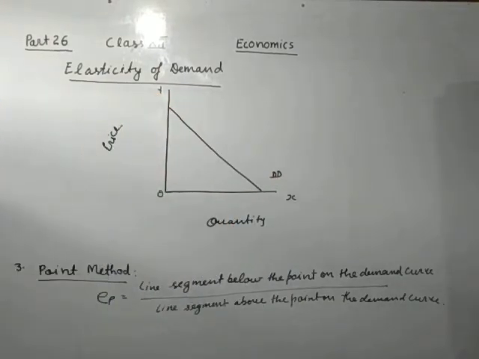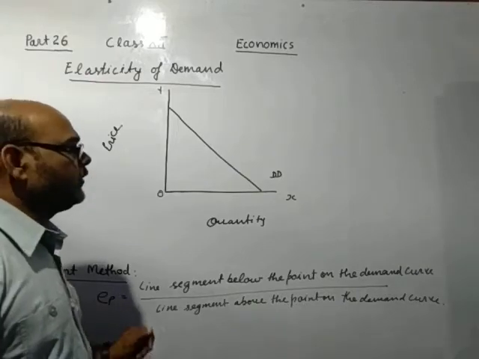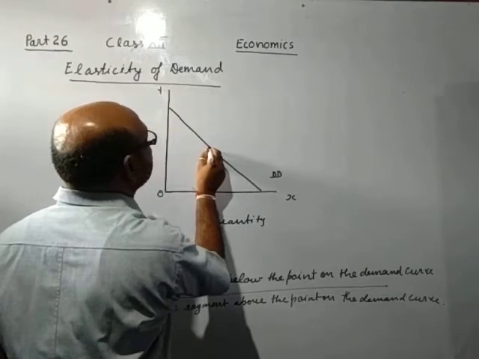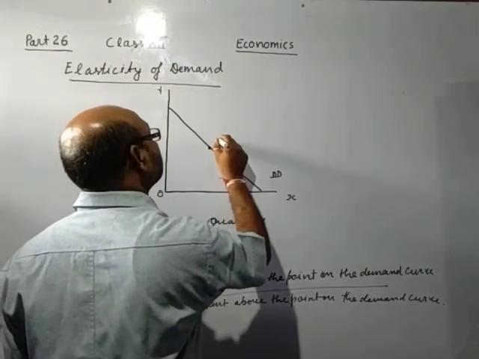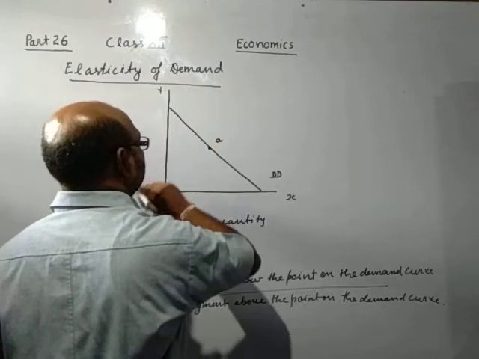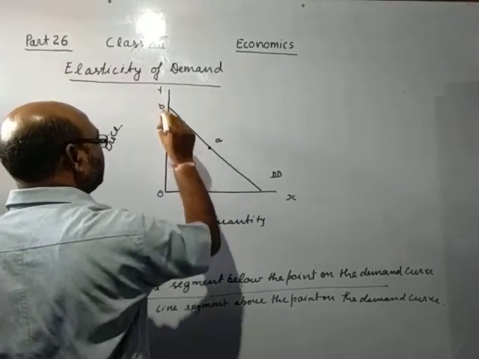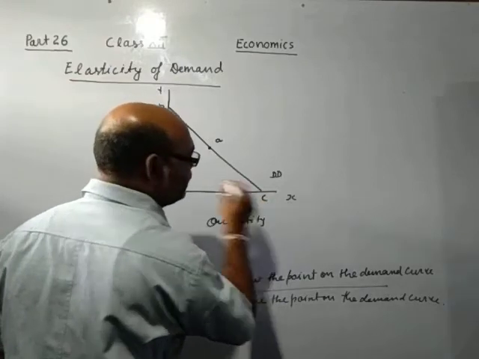On this point, you have to make the study. Suppose here is given one point. This is A. This point is given B and this point is given C.